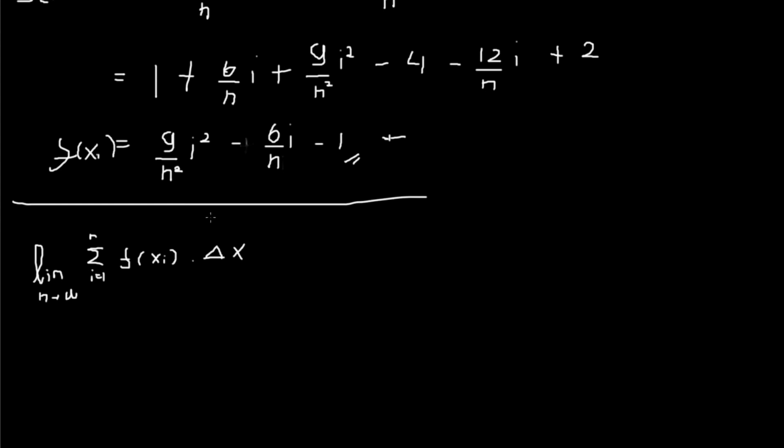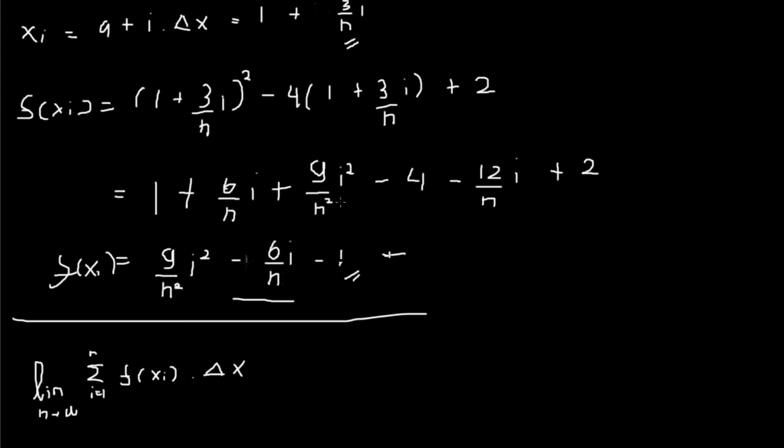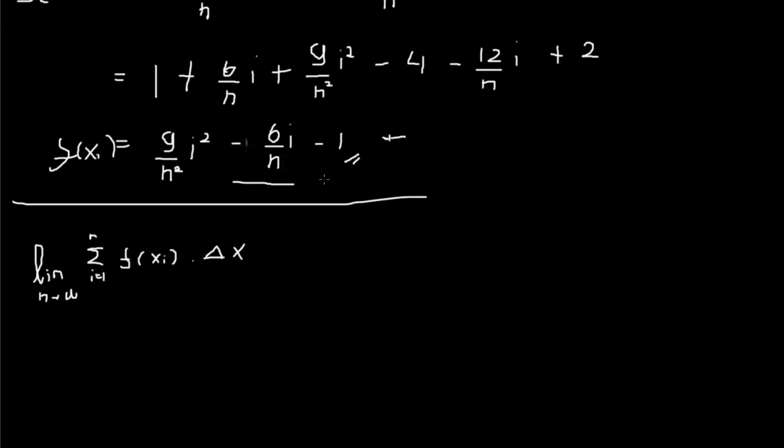Now our f of xi is this equation right here, and our delta x is 3 per n. So we're going to plug in all of these. We have the limit as n goes to infinity, sigma, and we have our f of xi.